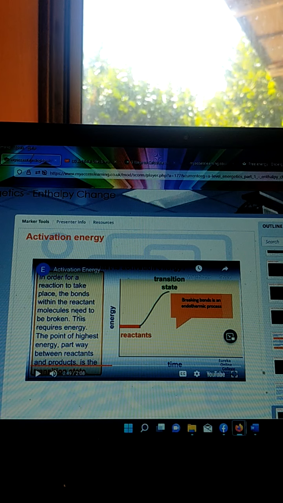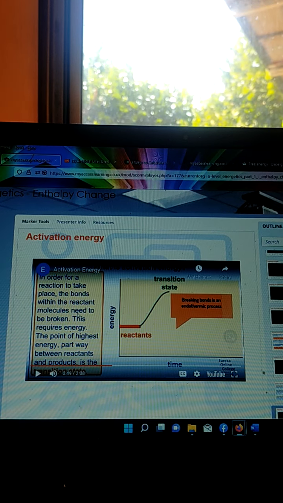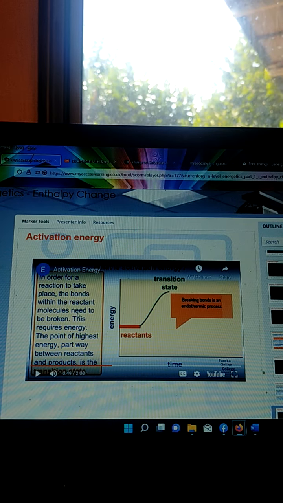So, what does it say in terms of the words? In order for a reaction to take place, the bonds within the reactant molecules need to be broken. For the entire reaction to take place, all the bonds within the reactant molecules need to be broken.